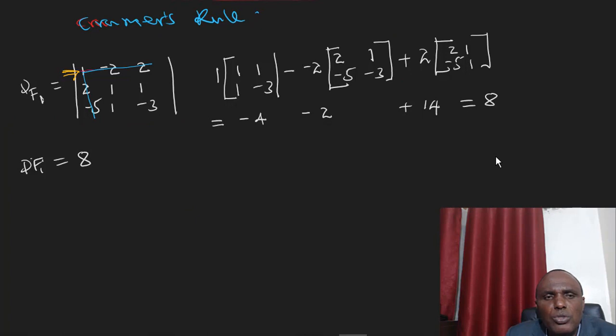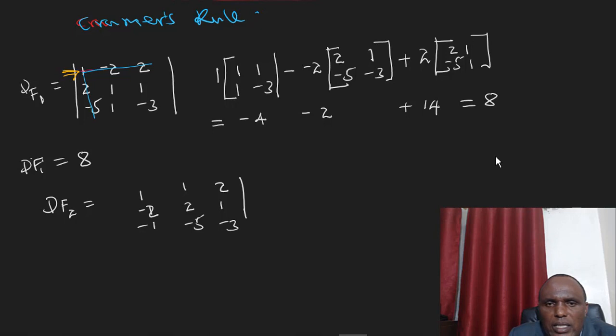Then we go to df2. 1, negative 1, negative 2, negative 1, then 1, 2, negative 5, 2, 1, negative 3. We get the determinant of that matrix. Its determinant now will be equal to, again, its elements.